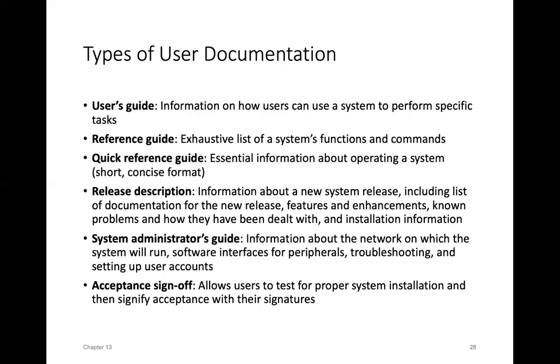Then release descriptions: what's getting released in what release, what features are being released, what enhancements they can expect, and known challenges and problems and how they've been dealt with. Then a system administrator's guide, and the process of documenting acceptance, which allows users to test the proper system installation and signify acceptance with their signatures. All these are different types of user documentation, and you will look to provide all of it. It's very, very important.